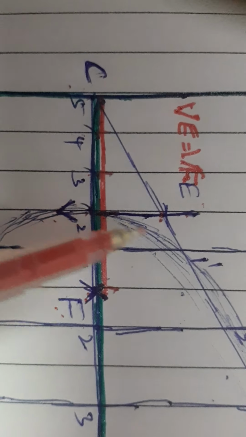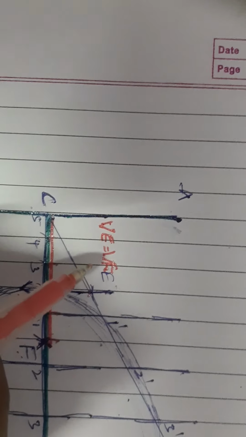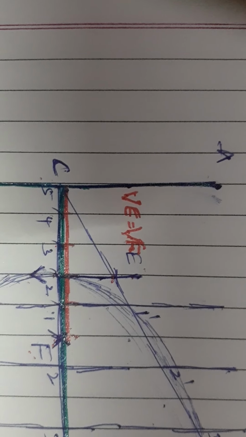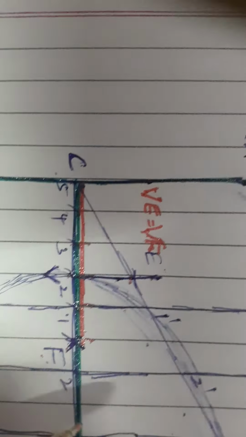After drawing the vertical line from V of length equal to VF, name the end as E.